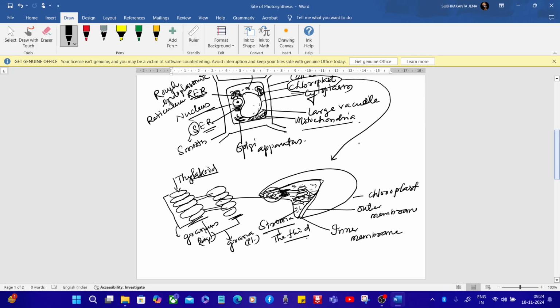If you see the stroma, it contains many enzymes. It contains a lot of things actually, but the essential part is the enzymes.